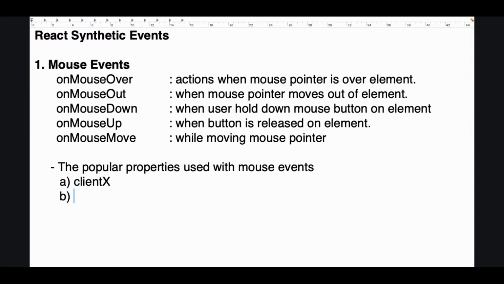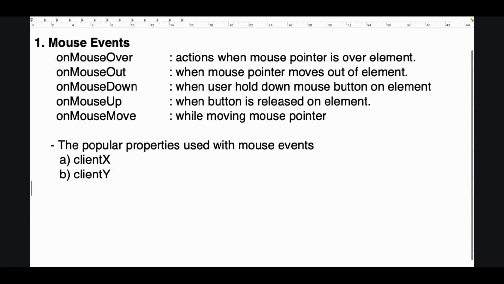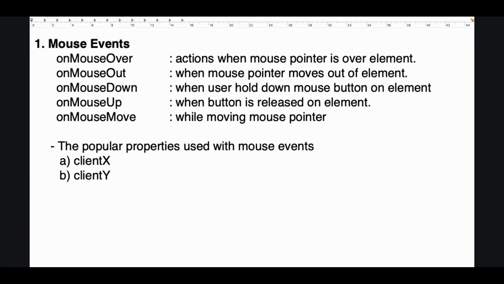We use clientX and clientY. There are so many properties, but mouse related major things are these two. It will get the x-axis position of the mouse and the y-axis position of the mouse, the clientY.